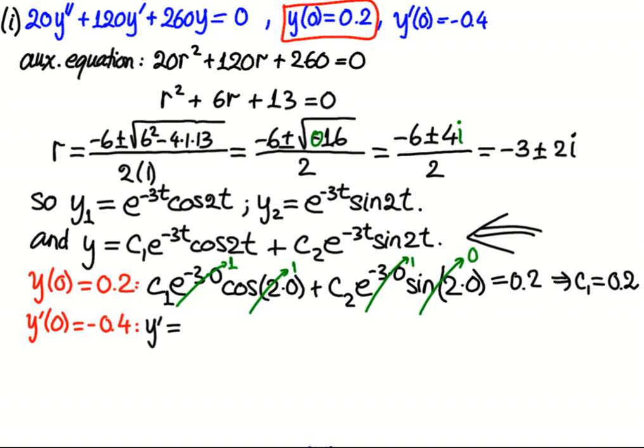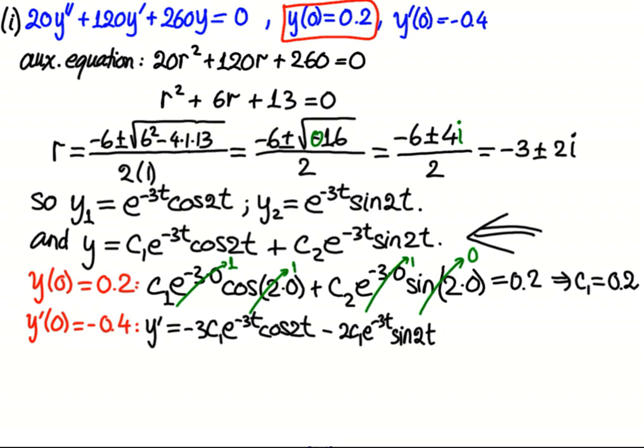That is the product rule. It's going to be a bit long. For the first term, it will be negative 3 c1 e to the negative 3t cosine 2t, plus, since the derivative of cosine is negative sine, negative 2 c1 e to the negative 3t sine 2t.